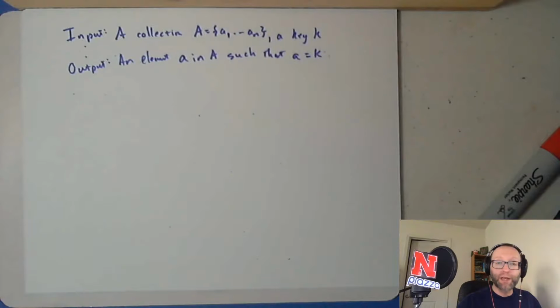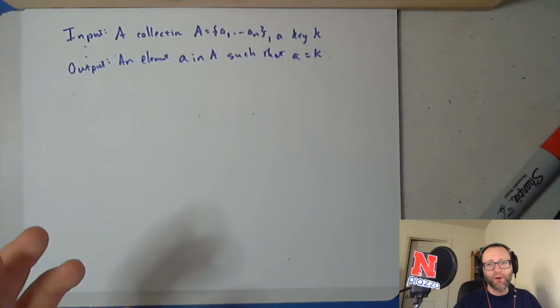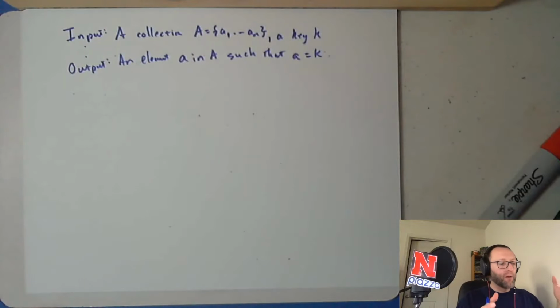It would be equals equals, or if you're in a dynamically typed programming language like JavaScript or Python or something like that, equals equals equals for strict equality testing. And if you're in most programming languages, you'd actually use a comparator for this if it were not a number. A compared to K will return something negative, something positive, or 0 depending on the relative ordering of those things. Right?